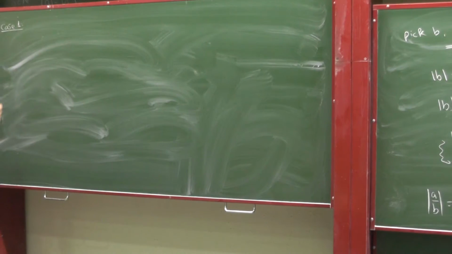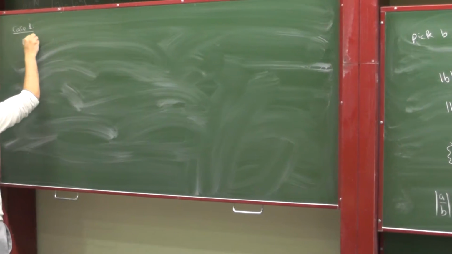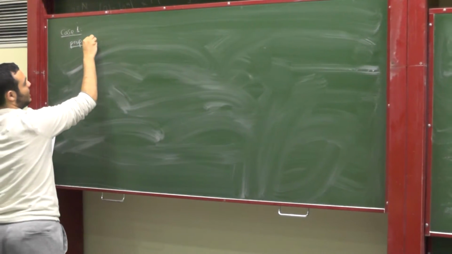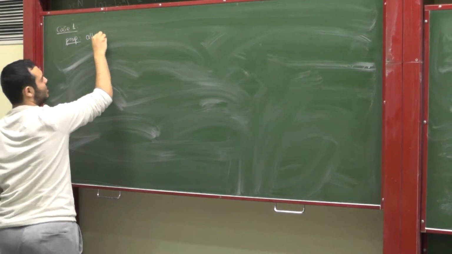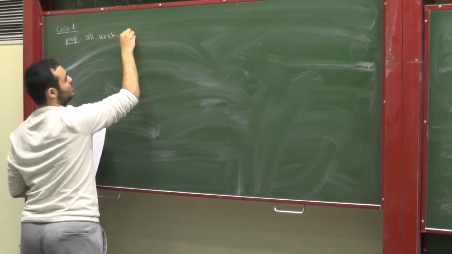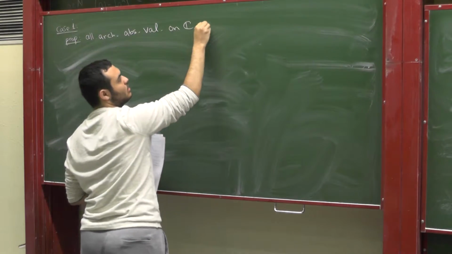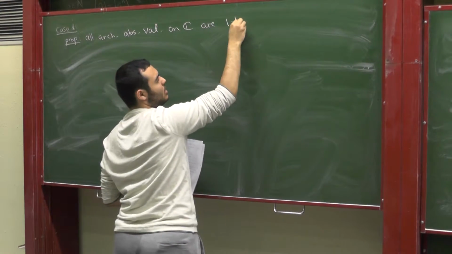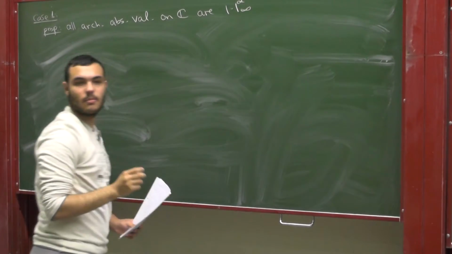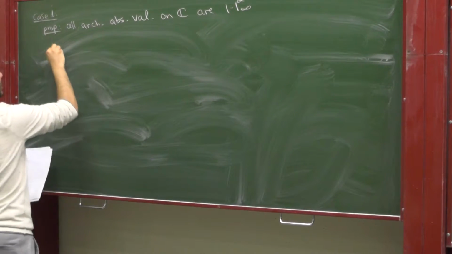So the first proposition that I want to make is that Archimedean absolute values on C are of this form. Why?